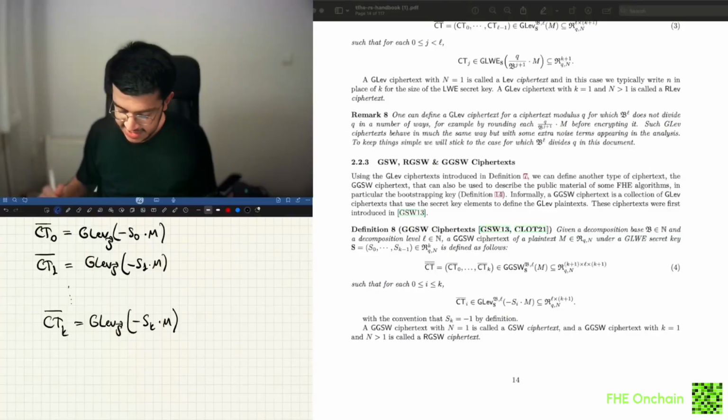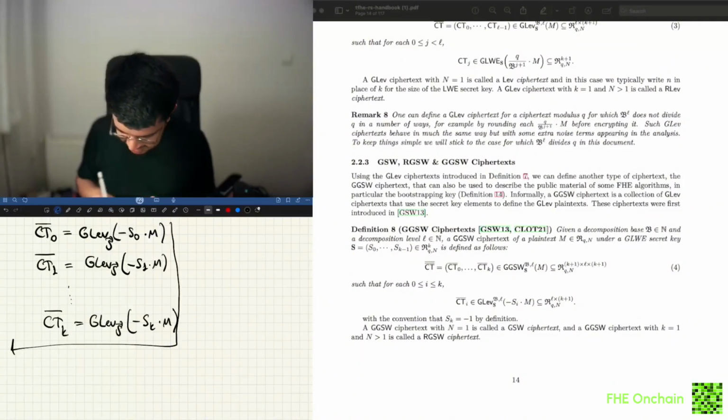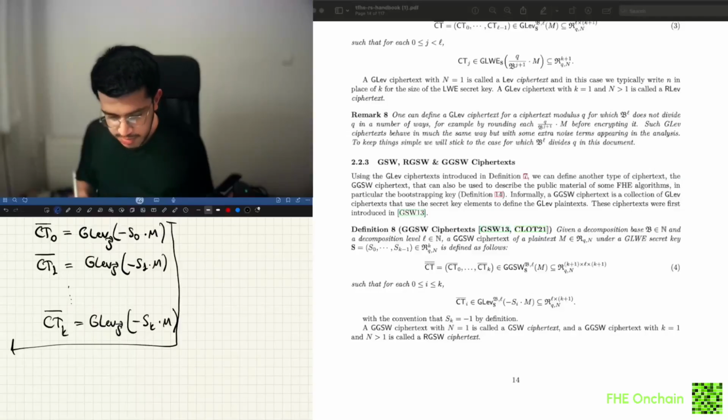But in terms of the visual stuff, not sure if I'm going to be able to draw it, but let's try to make it. So remember that a GLEV ciphertext looks something like this, right?